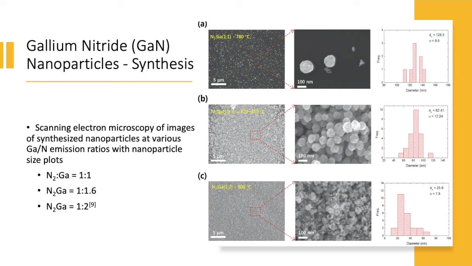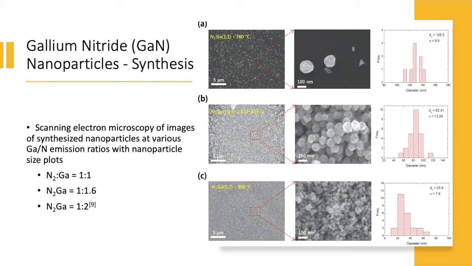A recent study did these experiments just to prove that you are able to manipulate the sizes of the gallium nitride particles. These are scanning electron microscopy images of synthesized nanoparticles at various gallium nitrogen emission ratios with nanoparticle size plots. For this particular study, they did a 1:1 ratio, 1:1.6, and 1:2 ratio.